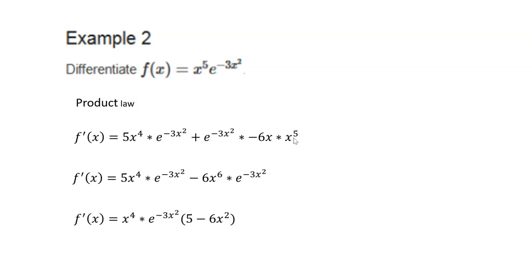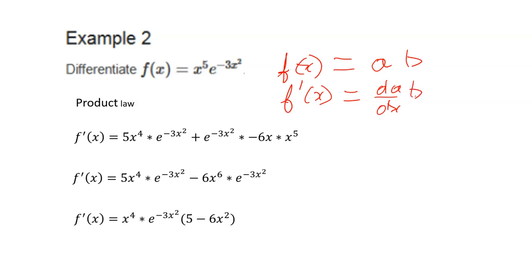I'm going to take you back to when we were doing derivatives first. If f of x was equal to the product of two functions, so let's say it was a times b, then the f prime of x was equal to the derivative of a, so dA dx times the b, right, with the underived second part, plus dB dx times the a.